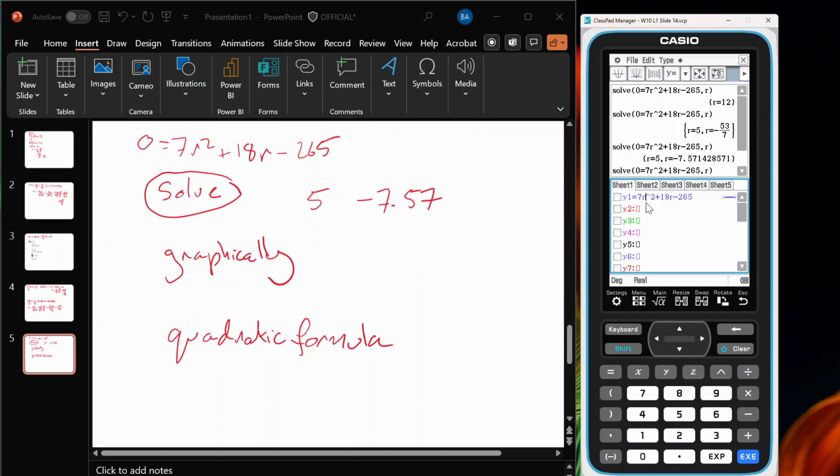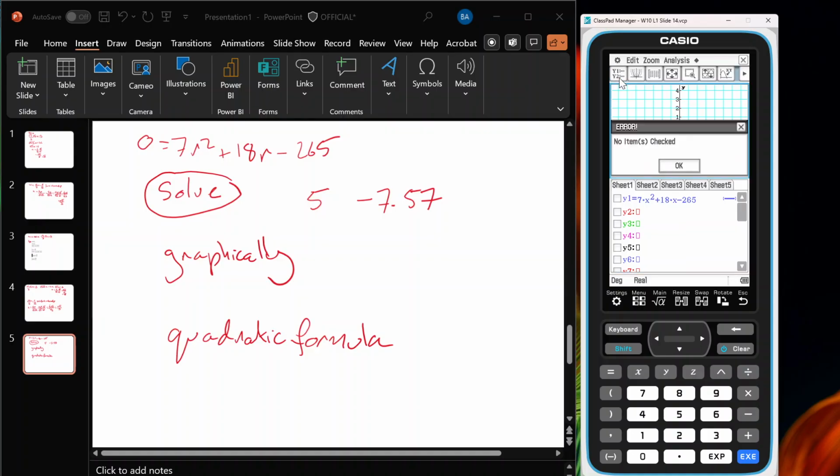But what I'm going to do is I'm going to change the r's to x's. And then I'm going to hit the graph. Oh, I didn't check it, got to check it, hit the graph. And we can see it there.